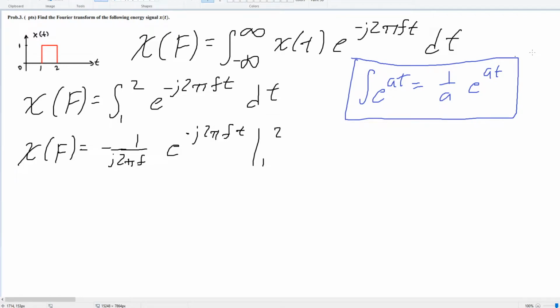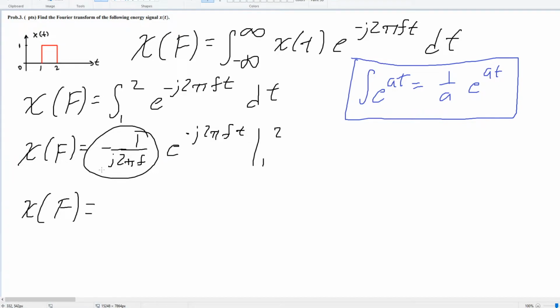Alright, so this is pretty much the same thing. And now we just have to plug in the values from 1 to 2. So over here, you have X(f). This part on the outside is being multiplied by this, and we're plugging in values 2 and 1 into this part.